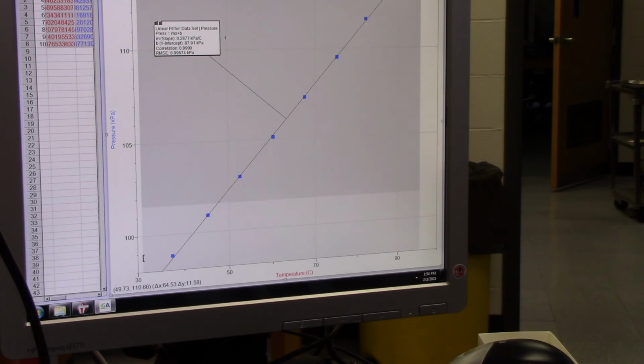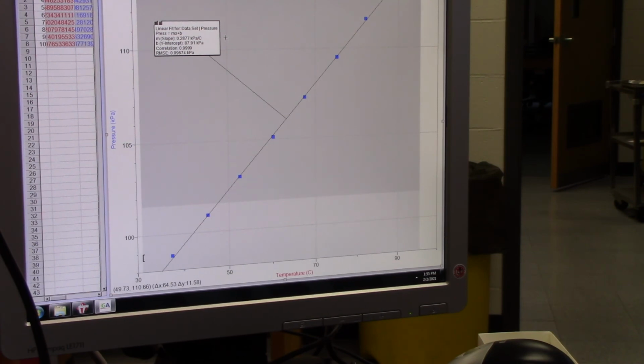You're going to have to subtract B from both sides and then divide by the slope. Okay, and then what I want you to do once you do that is, for the value of pressure, put in 0 and find out what temperature you get. Now it should be negative something.